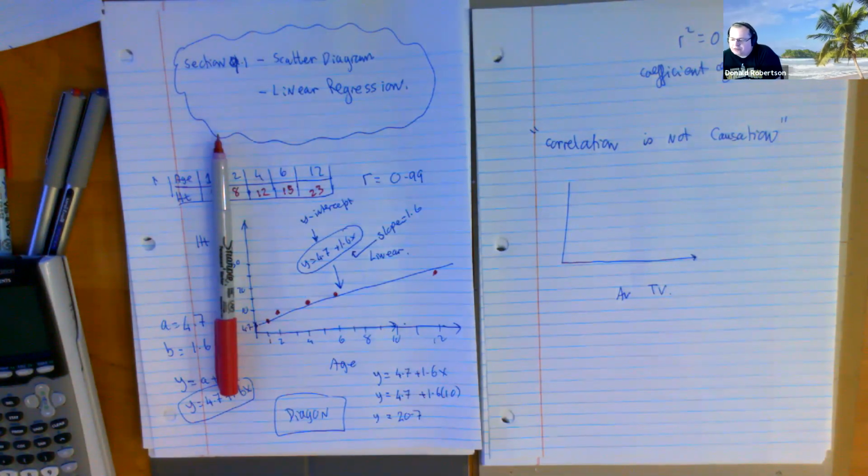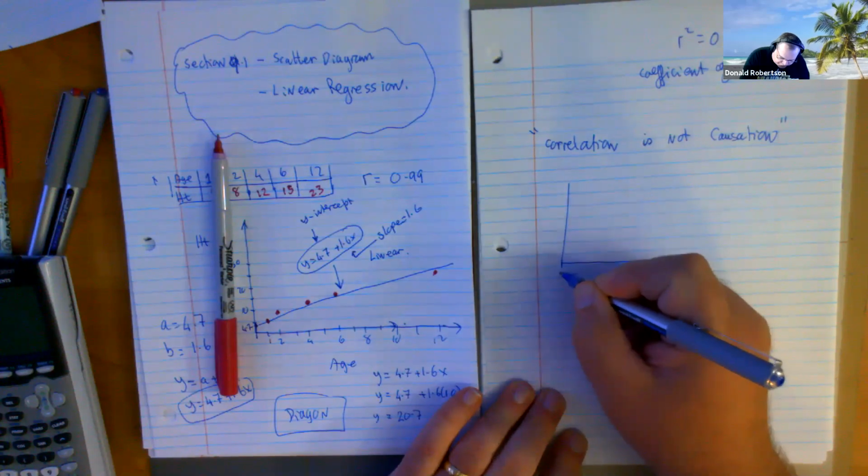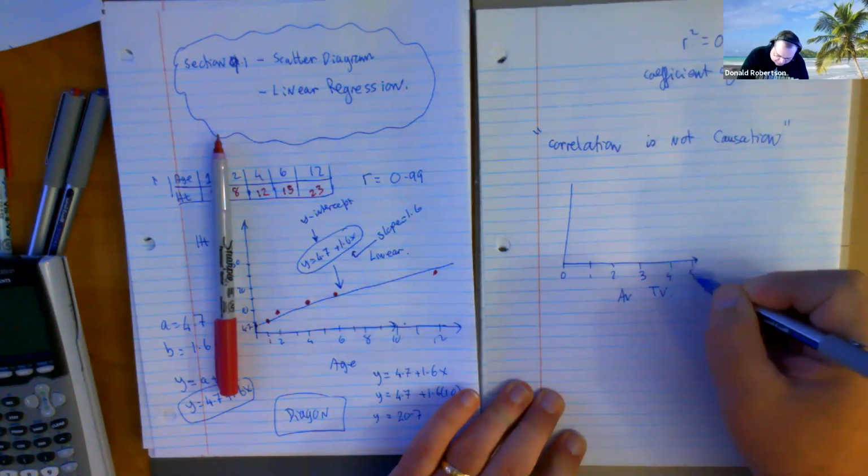So if you went to a country and you went to somebody's house, or apartment, whatever it is, and you added up all the televisions, and we're including TV monitors as well, PC computer monitors, TV in the bedroom, the whole 9 yards. And we have 0 TVs, 1, 2, 3, 4, and 5.